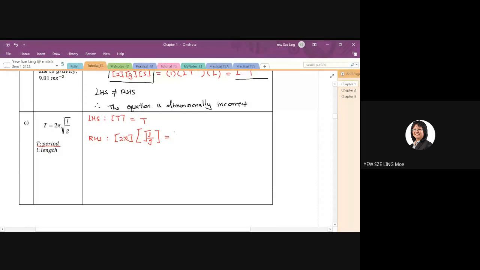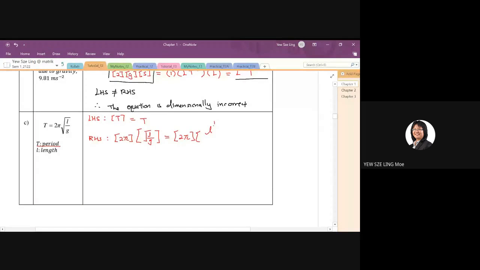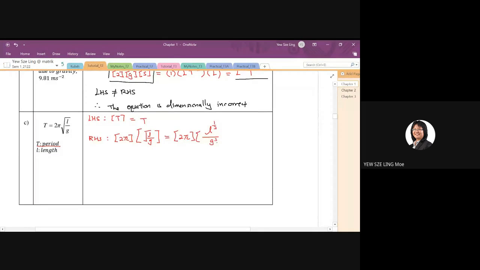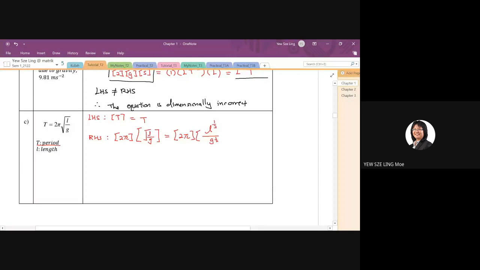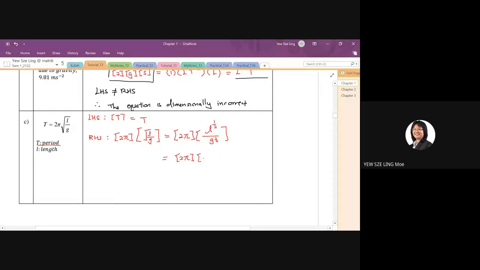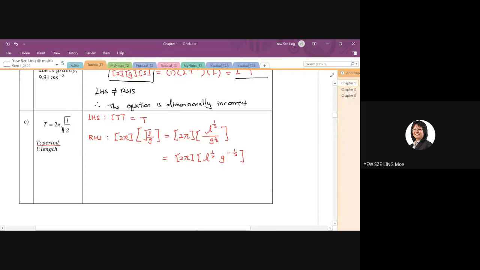It is actually 2 pi, L over G is L^(1/2) over G^(1/2). Square root, the power is half. Therefore, you can rewrite it as 2 pi L^(1/2) G^(-1/2) because it's the denominator.